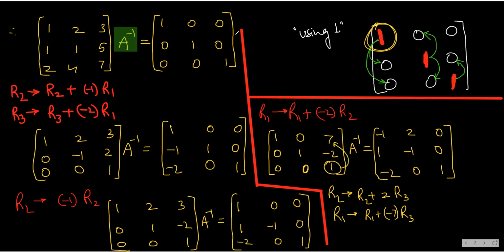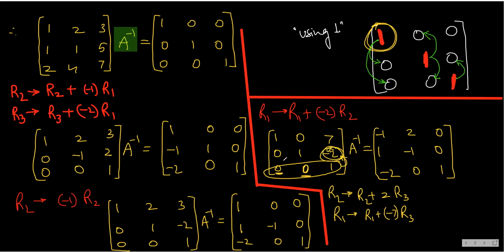And see, students, these steps are such fine steps that when you try changing these elements, the other elements would not change. You know why? Because here you have zeros. So see, when you are writing 2R3, even when you multiply 2 to all the elements, only this will change.